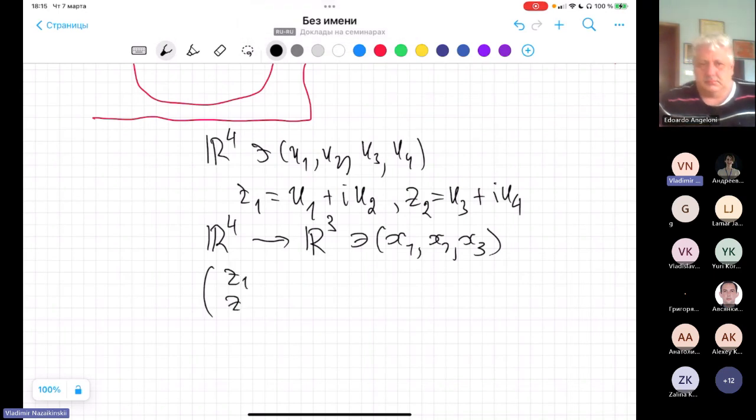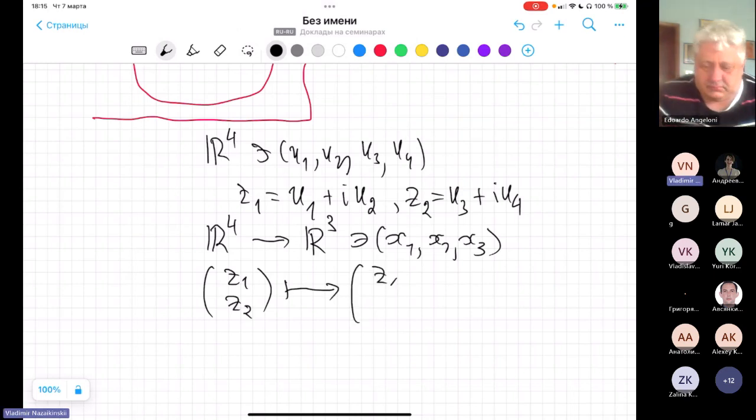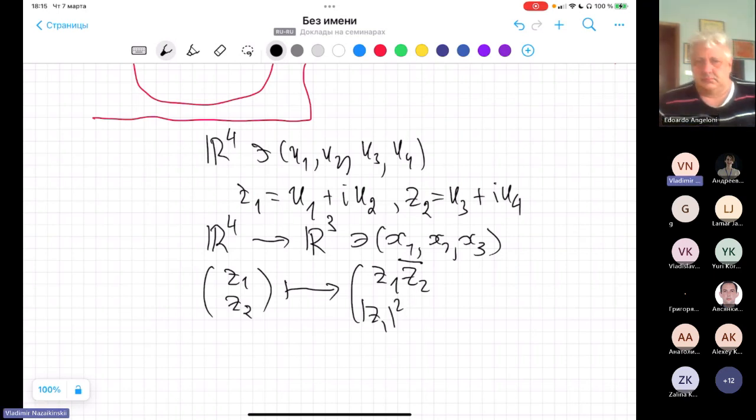(Z1, Z2) is taken to Z1 times Z2 bar, the complex conjugate number, and here we have modulus of Z1 squared minus modulus of Z2 squared. Well, consider this mapping.